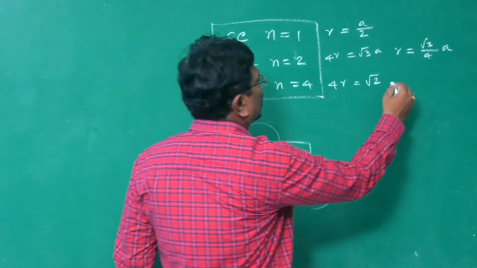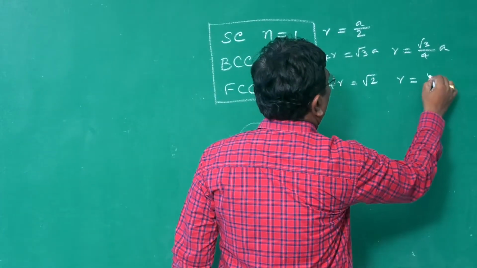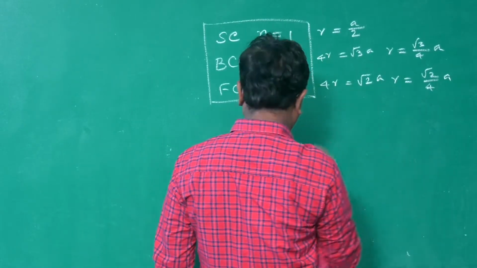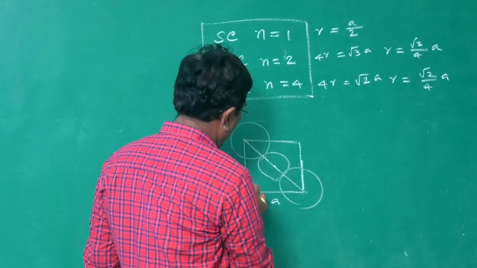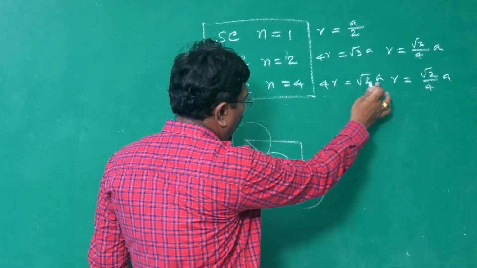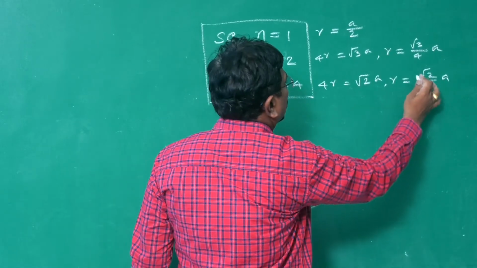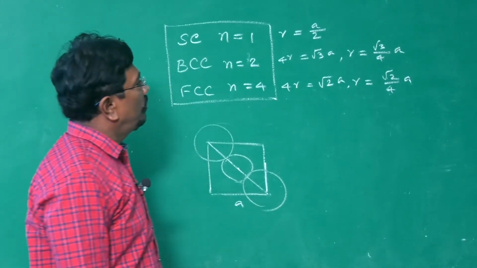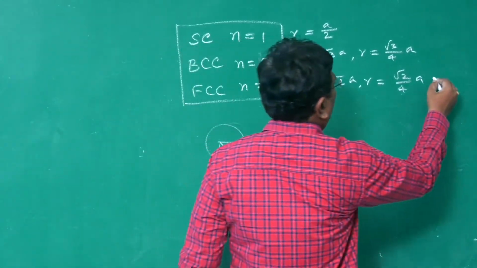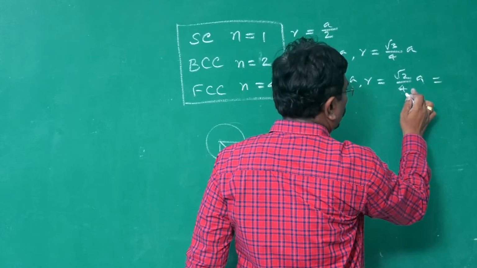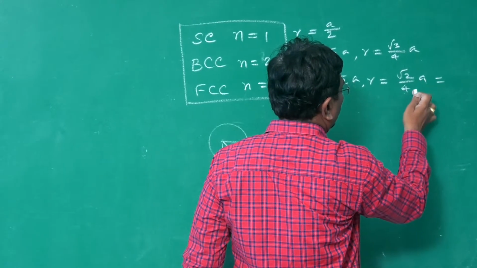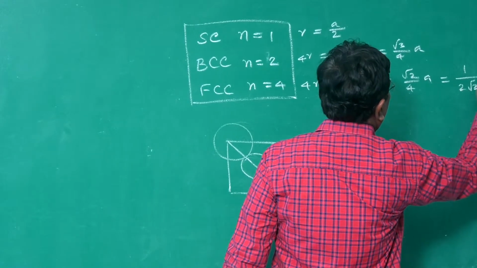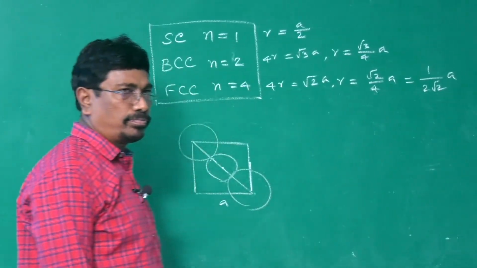Therefore, r is equal to root 2 by 4 a. If we simplify, cancelling root 2 gives 1 by 2 root 2 into a. In that way also we can express.